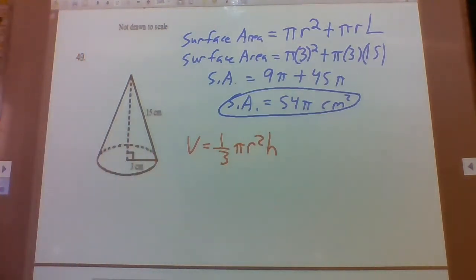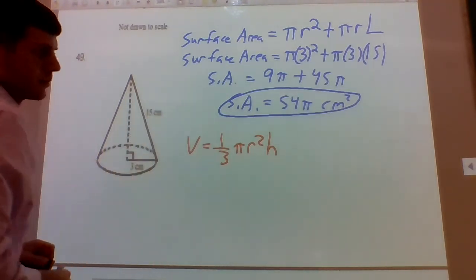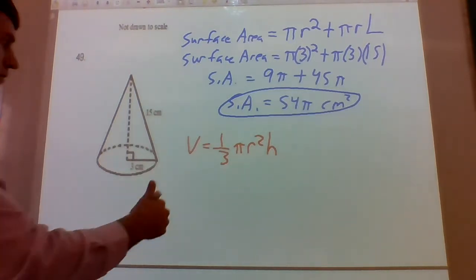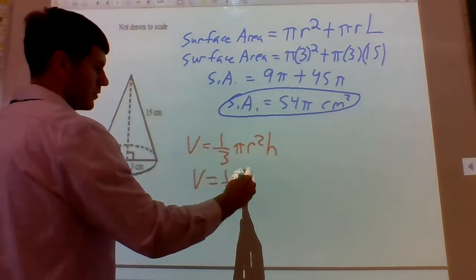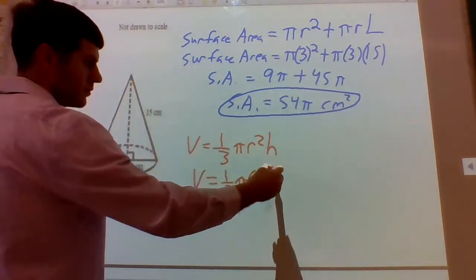The cylinder is pi r squared h, but for the cone we want 1/3 pi r squared h. So volume is 1/3 pi, the radius is 3 squared, and h we've got to find.